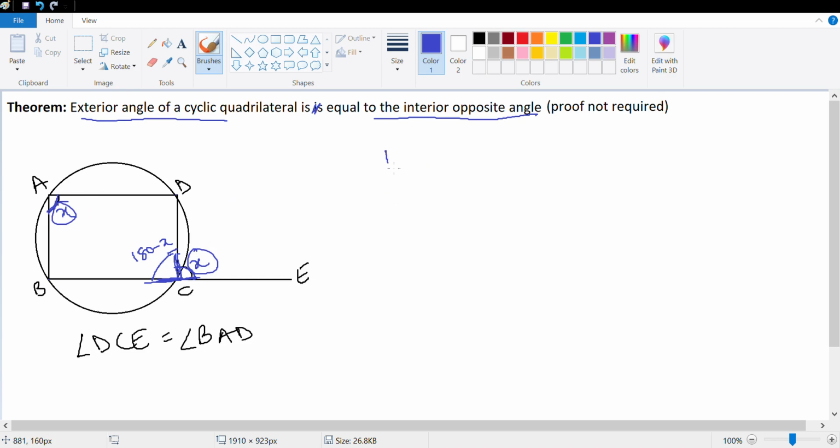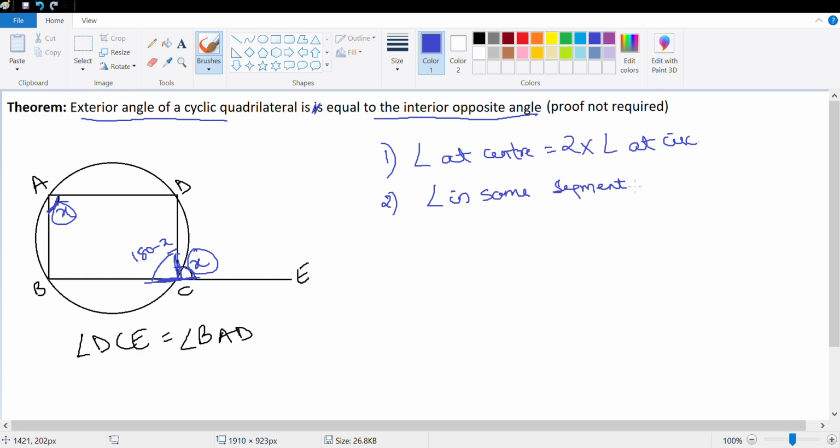So let's just quickly write the 5 things that we've done. Angle at center is equal to 2 times angle at circumference. Number 2, angles in the same segment are equal. Number 3, angle in a semicircle is equal to 90 degrees.